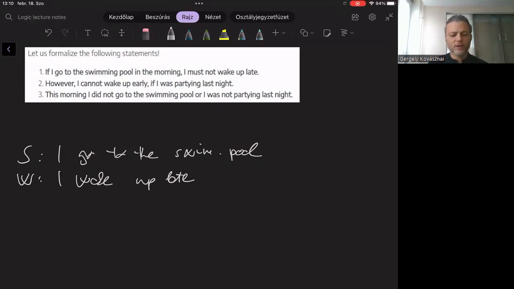You don't have to deal with words like I must or I cannot, or with whether something happened in the past or will happen in the future or in the present. Just fix the facts, the pure facts in your Boolean variables.